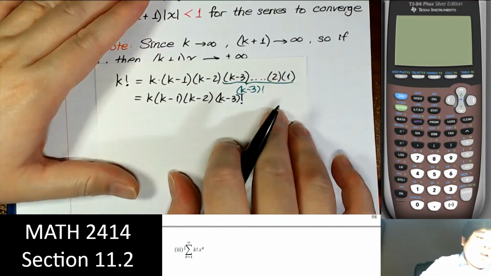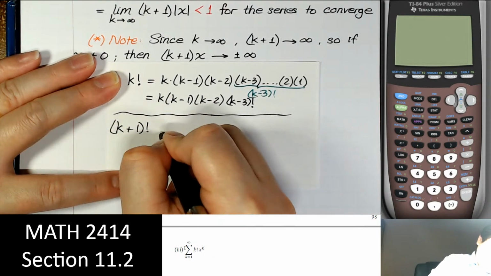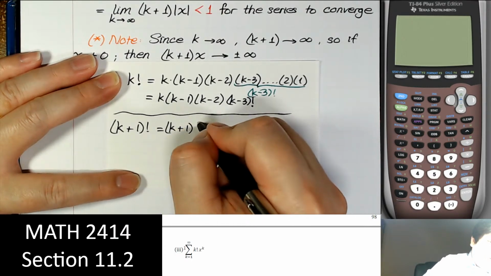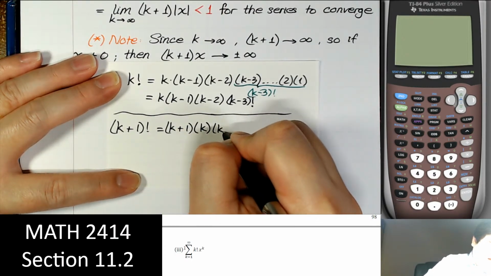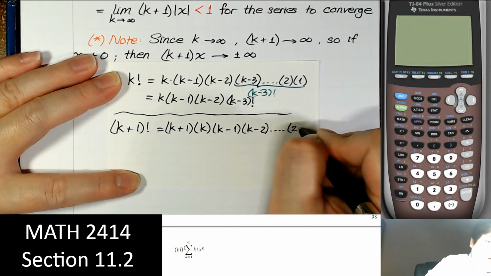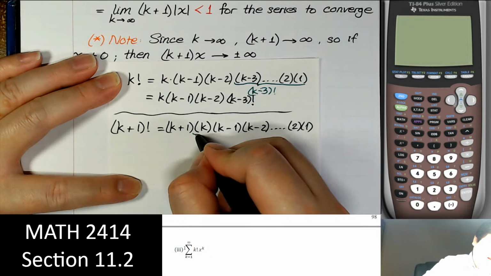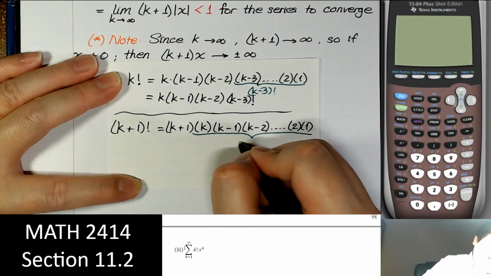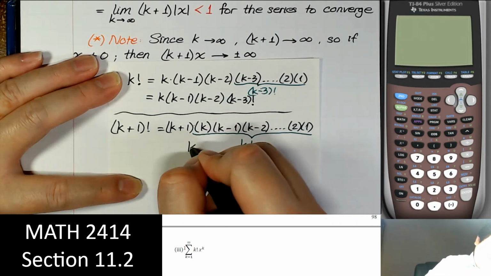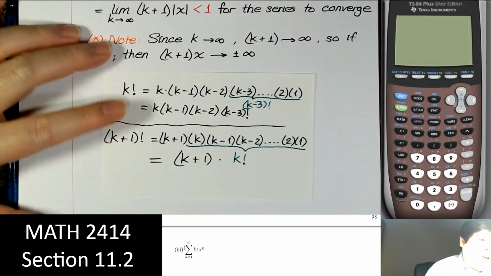So now to the case of k plus 1 factorial. For k plus 1 factorial, we start from k plus 1, and the product has the factors of k plus 1 and then k, just 1 less than that, until we reach 1. And note that by definition, from k all the way back to 1 is defined to be k factorial. So we just have k plus 1 times k factorial. So that is k plus 1 factorial.